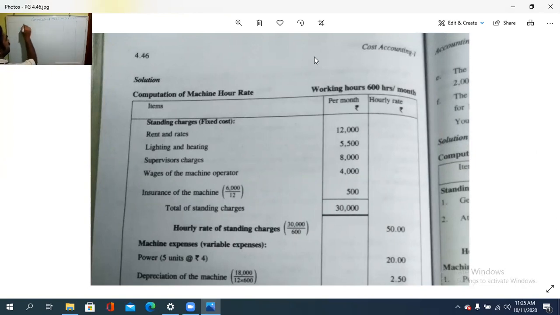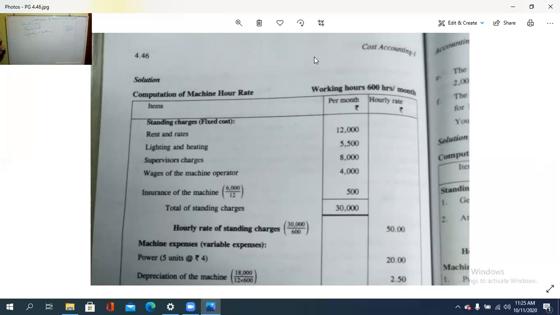So firstly, the fixed charges, or standing charges, we need to calculate. What all are the standing charges? There is no change with the rent and rates, isn't it? 12,000 is given, that is as it is. Then lighting and heating, it is 5,500.